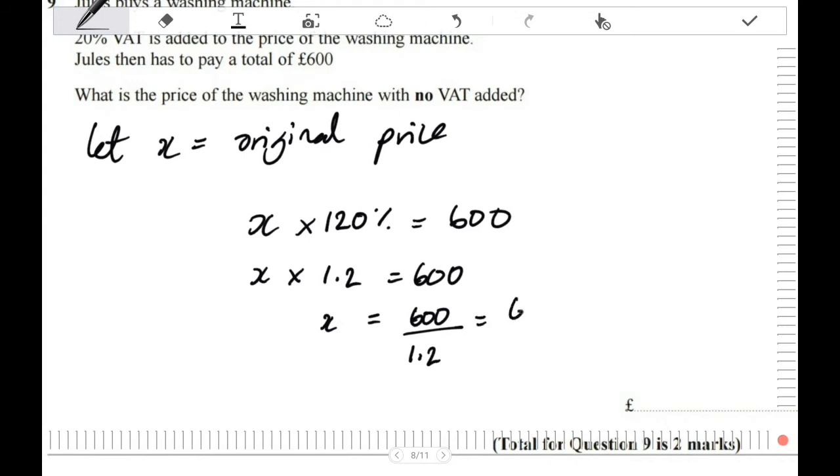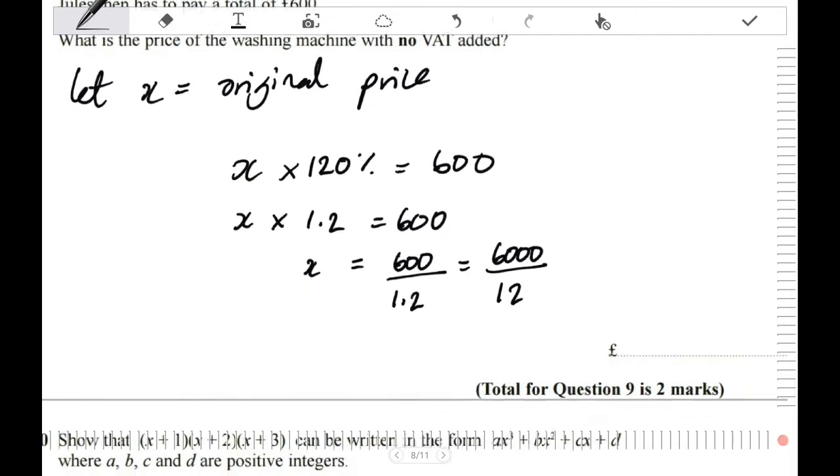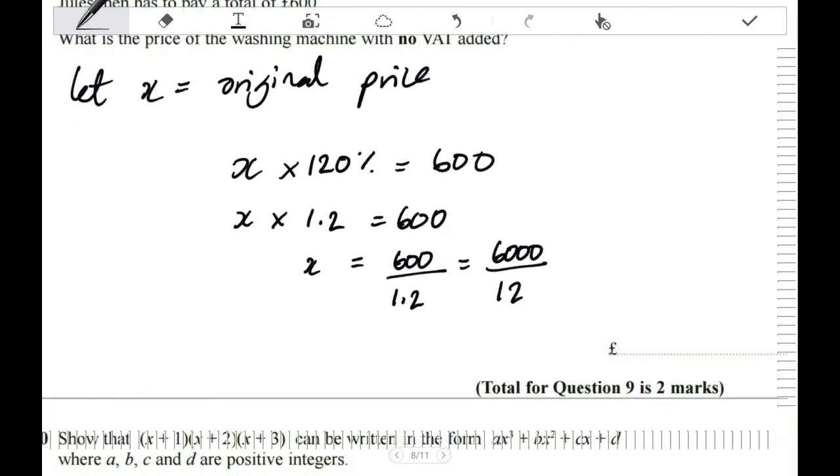This is the same as 6,000 divided by 12. Now we know that 12 goes into 60 5 times. So 5 plus the 2 zeros gives you 500. So the original price is £500.